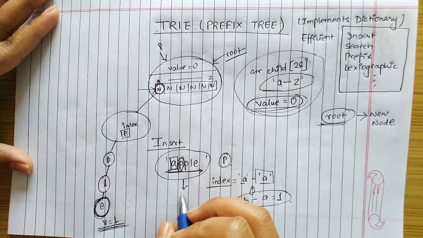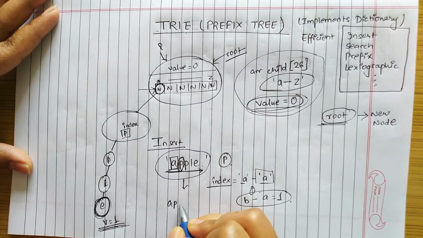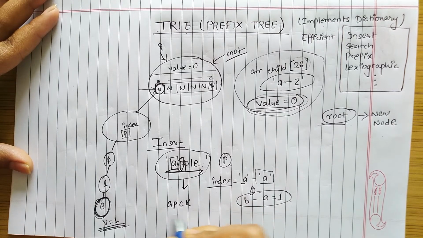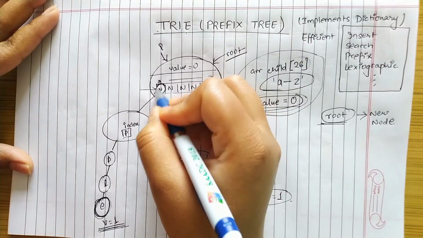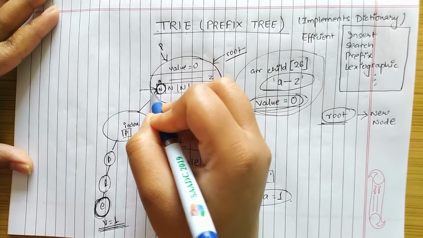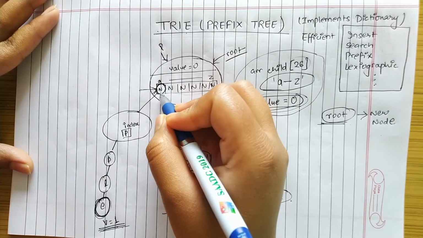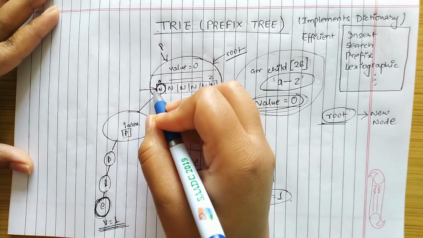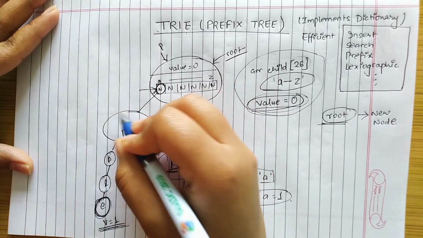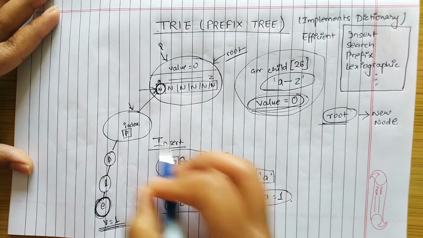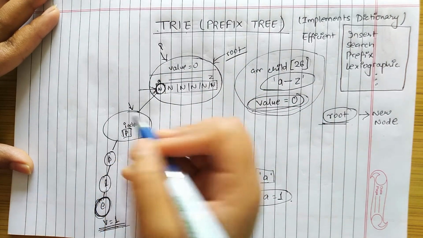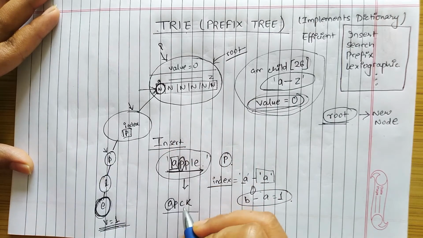Now suppose you had another string like a, p, c, k. How would you do that? For this, it will first go for a. It will see that a is already present, so it will start pointing to it and will not change anything here. Then it will go to the next node. For p, it will see that p is already present, so it will not do anything and just start pointing over here.